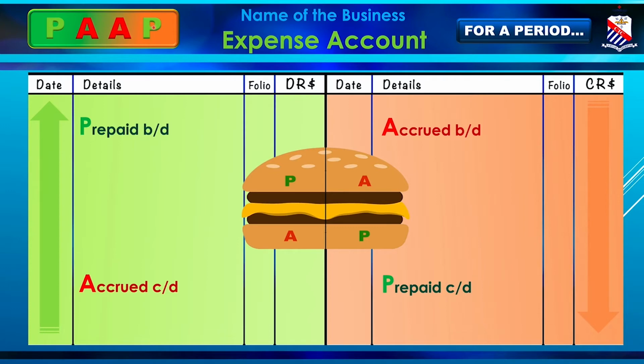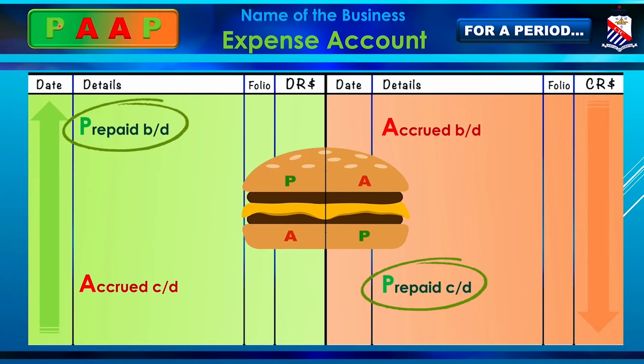What you will see here is PAAP, P-A-A-P. And P represents prepaid, A represents accrued. And the reason why there are 2 P's and 2 A's is because there is a prepaid at the beginning and a prepaid at the end. Or there's a possibility of it.